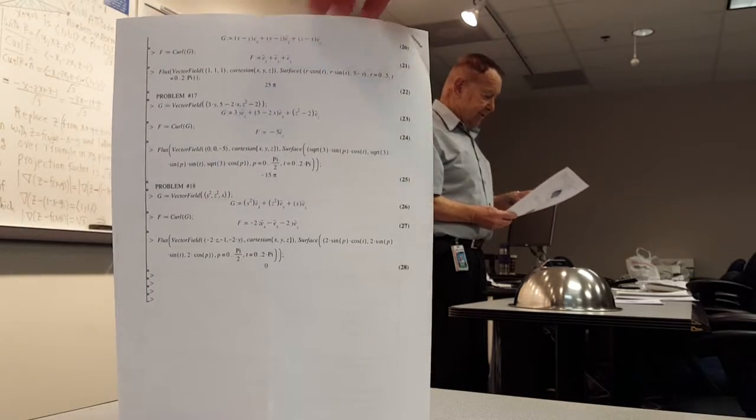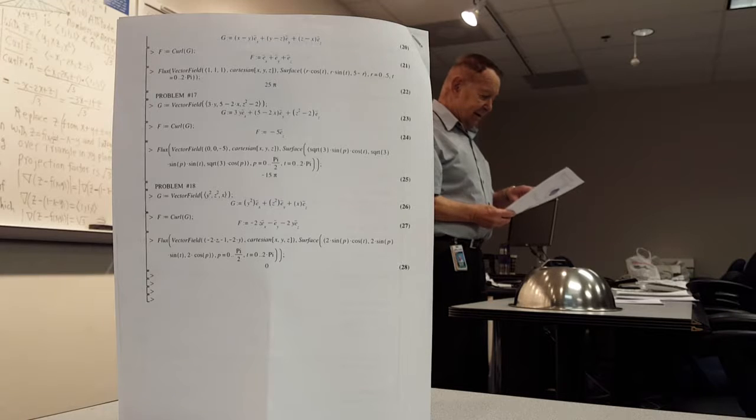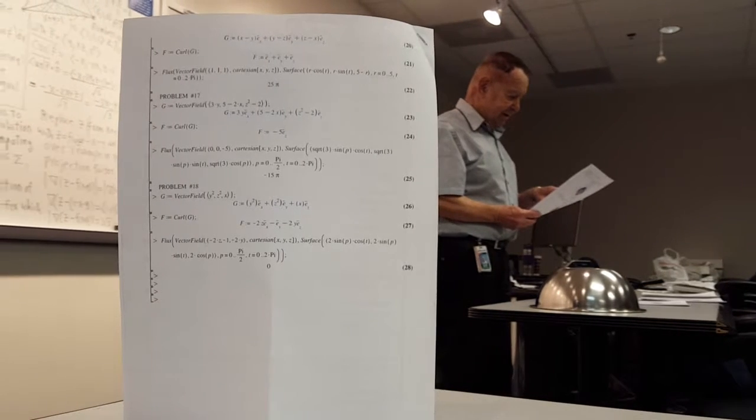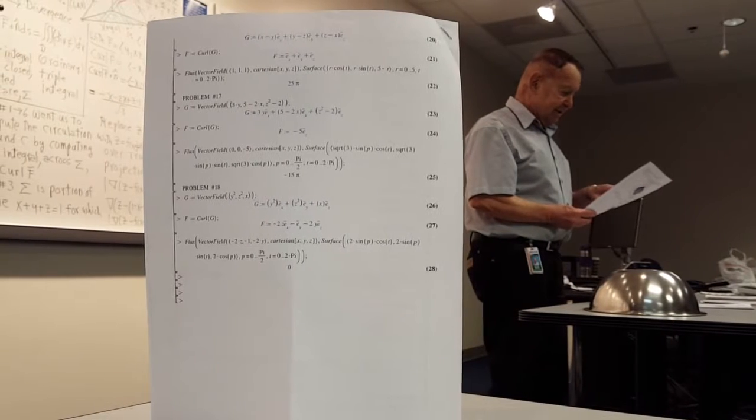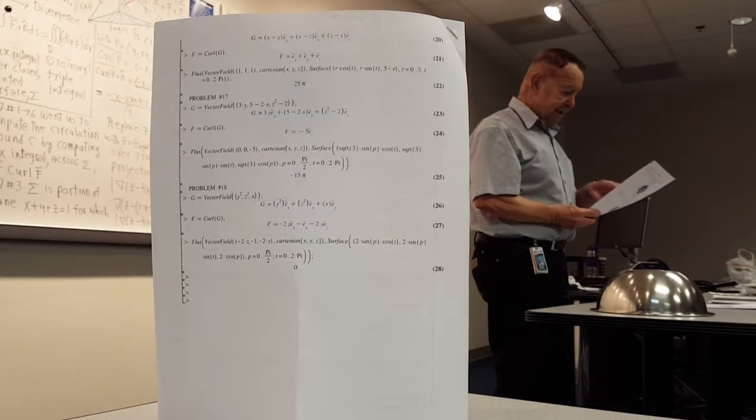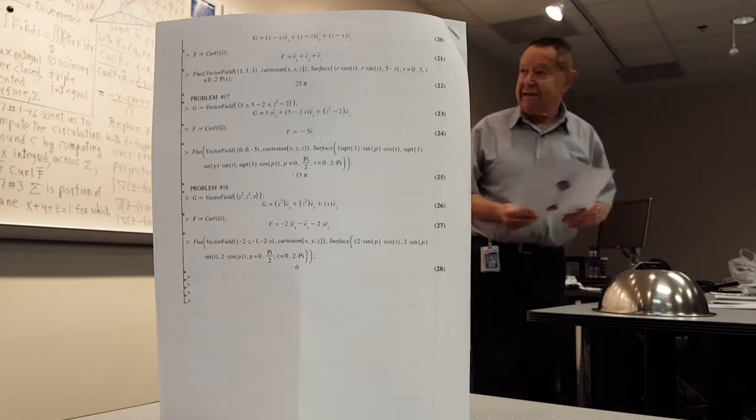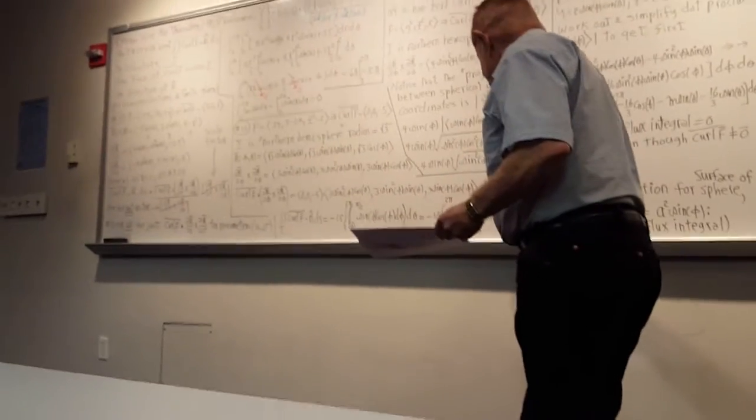So then I do flux, that field, and then my surface, which is this hemisphere, 0 to pi over 2, and I get the minus 15 pi out of Maple, which is there.